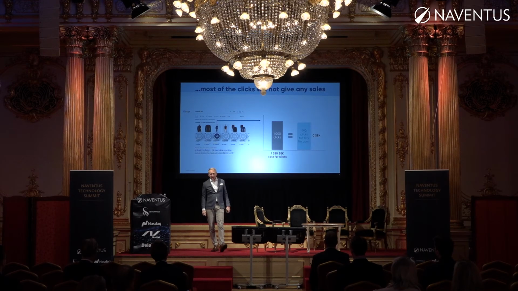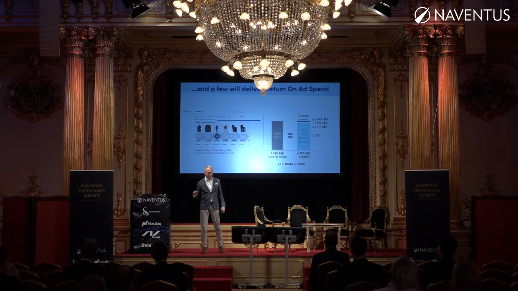How many do you think will convert or not convert of these 1,000 clicks? 2%? That's a good guess. This is a not uncommon result. 990 of those 1,000 don't get any sales at all. But maybe 10 of those 1,000 clicks, 1% in this case, gets sales.